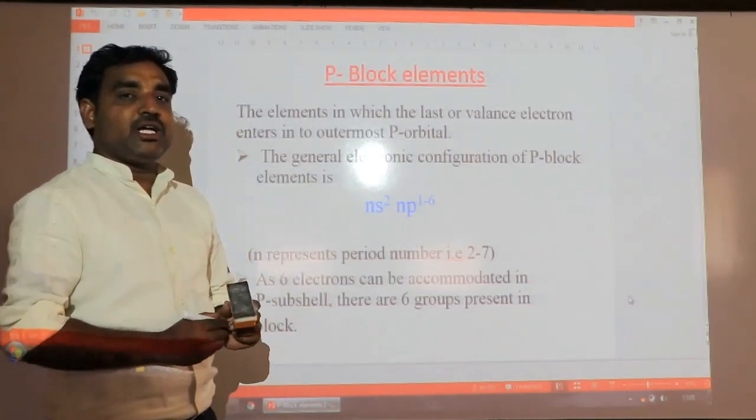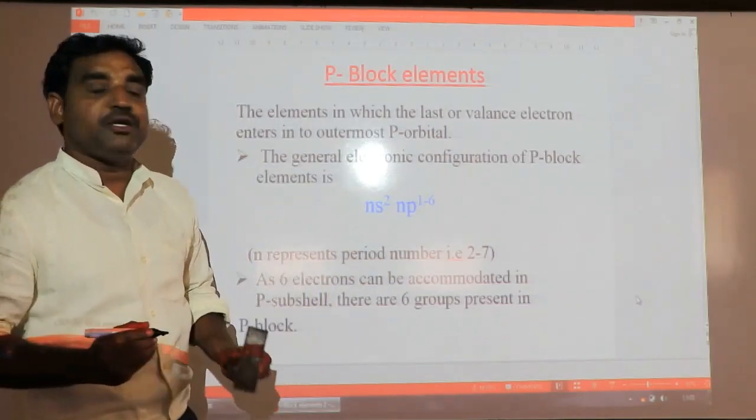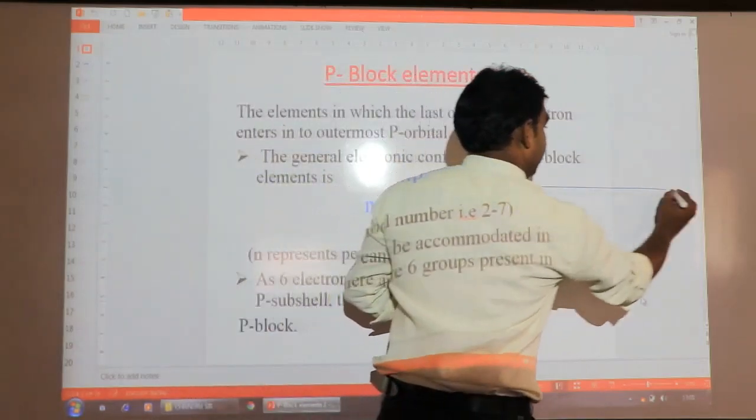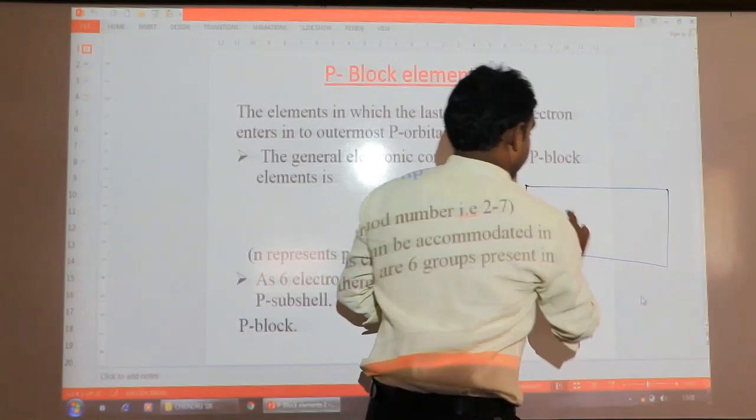We already know where the P block elements will be in the periodic table. Hope you know the periodic table. So this is the periodic table.